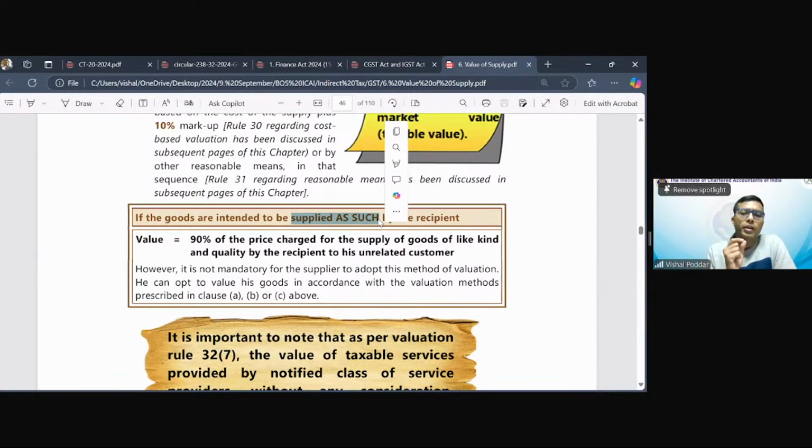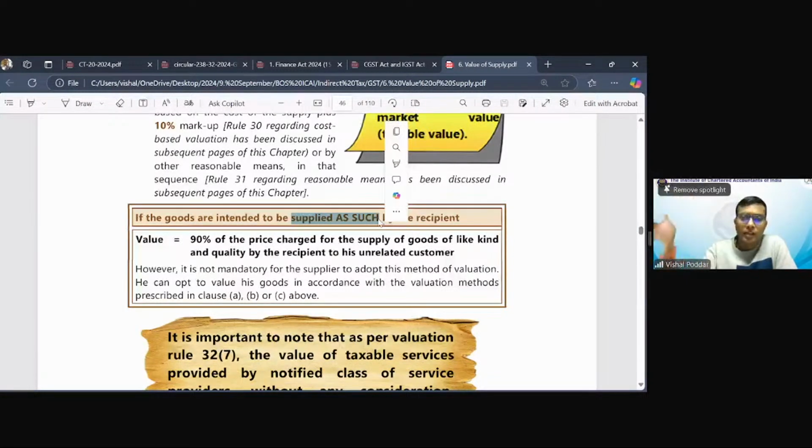So in this particular case, when the person to whom I sold these goods is doing trading, how will valuation be done? Valuation will be done by taking the price at which they have sold further to unrelated customers, and take 90% of that value.